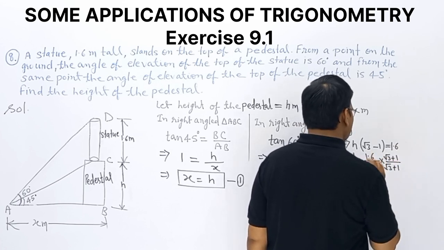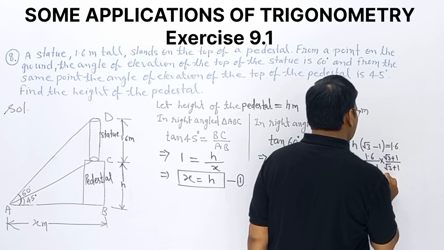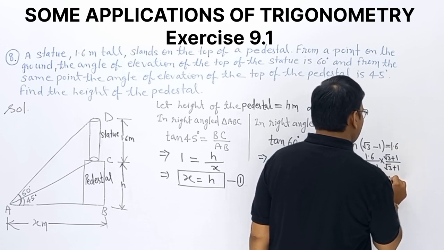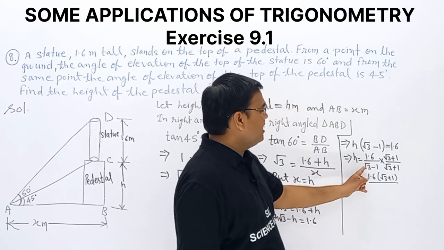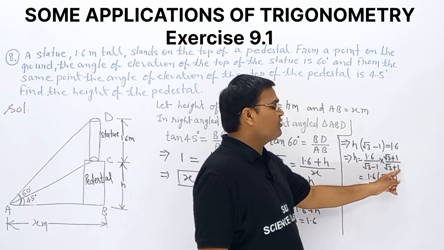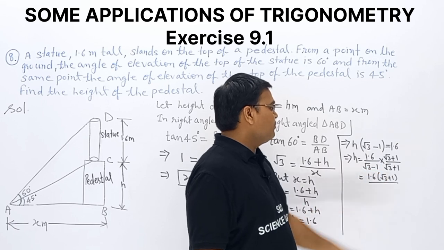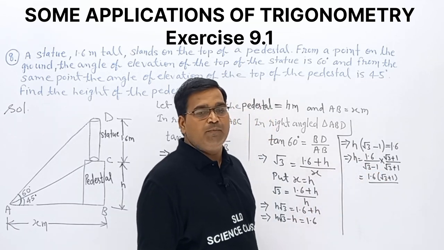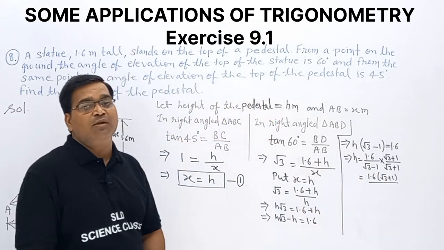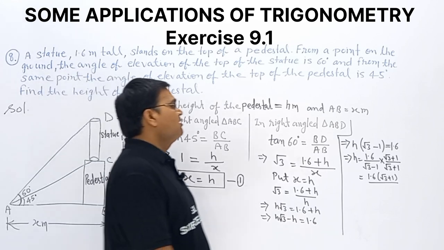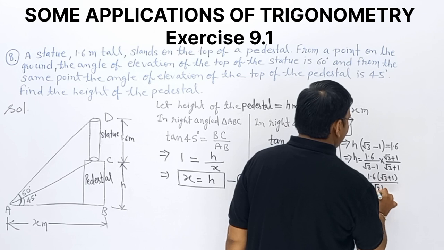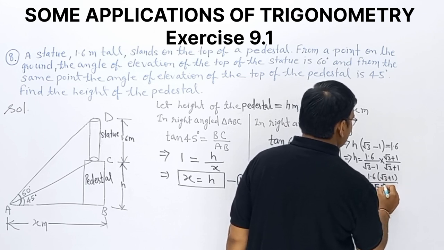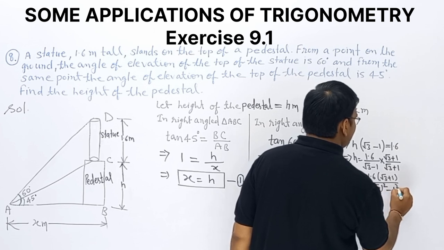Now multiply this to this one. This can be written as 1.6 into square root of 3 plus 1. And in the denominator we are having a minus b into a plus b. It is the algebraic identity, and this can be written as a square minus b square. So square root of 3 whole square minus 1 square.